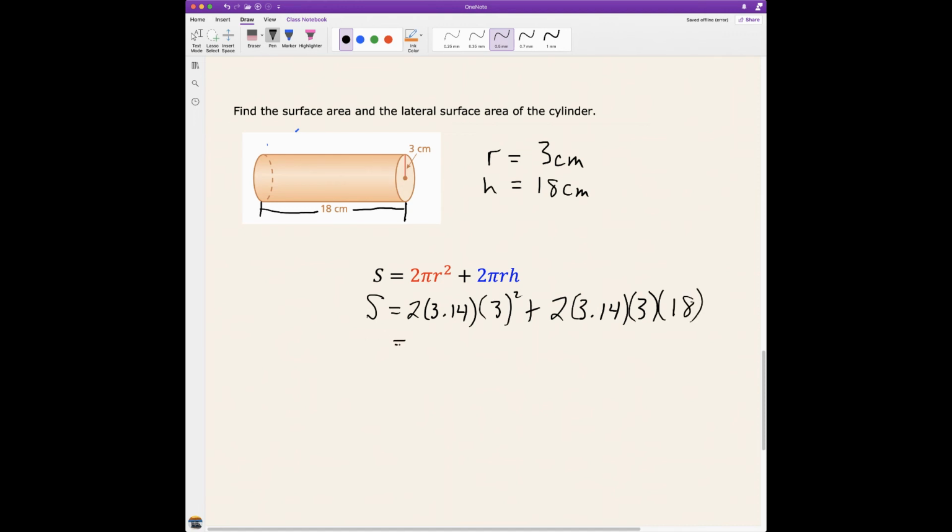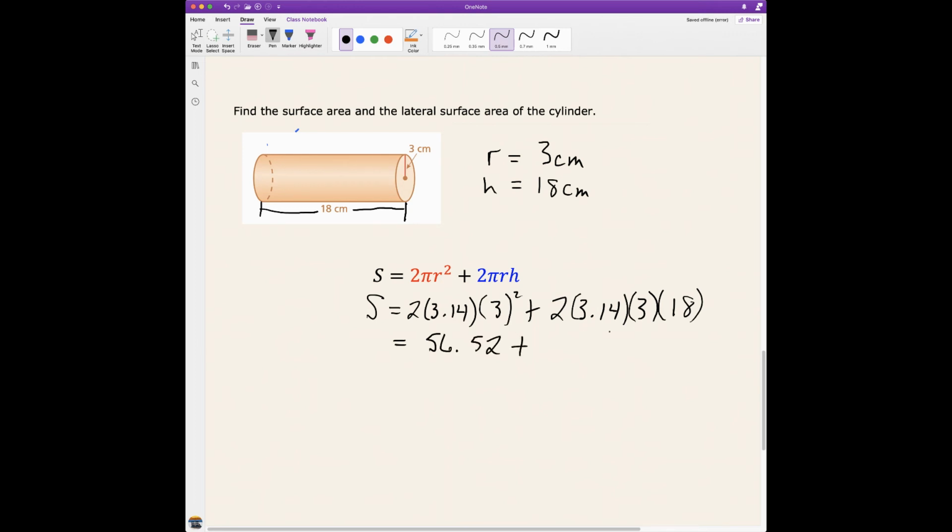All right, and then what do we get? Well, 3 squared is 3 times 3, and that's 9. 9 times 2 is 18, and 18 times 3.14 is 56.52.